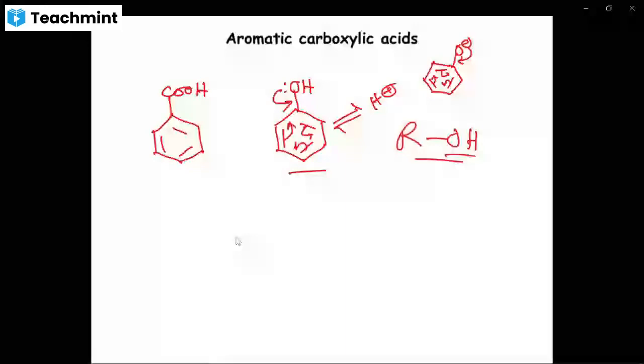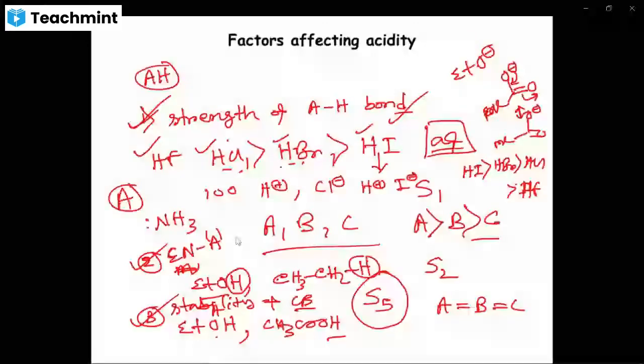So regarding the stability of the conjugate base that I discussed, there is a hidden thing which I did not mention. What we are talking about is the stability with respect to the undissociated acid. We are talking about the stability of the conjugate base with respect to the stability of our undissociated acid. We are not talking about the absolute stability of the conjugate base.